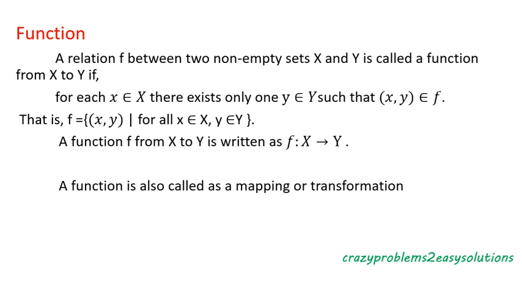That means f equals (x, y), where x is taken from capital X and y is taken from capital Y. A function f from X to Y is written as f: X → Y, and this is also called a mapping and transformation.